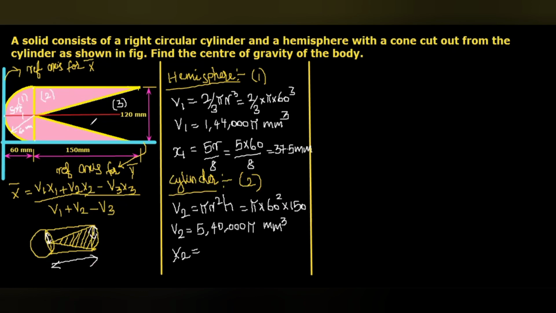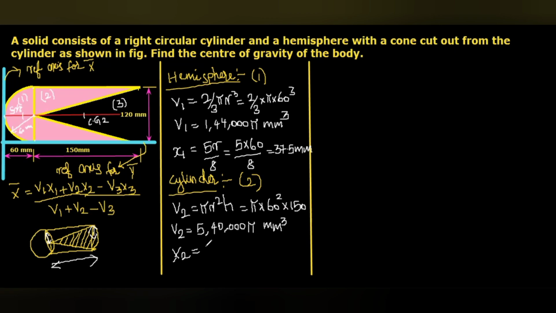cylinder is as usual like the rectangle. Its center of gravity will be the dimensions divided by 2 from linear or vertical. So the CG2 of this cylinder will be here, that is 150 by 2, from this point. But we need from the reference. So the reference axis to this point is radius 60 mm, 60 plus this distance, 150 by 2.